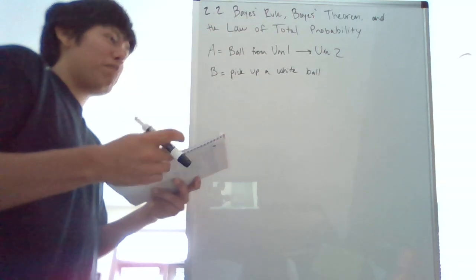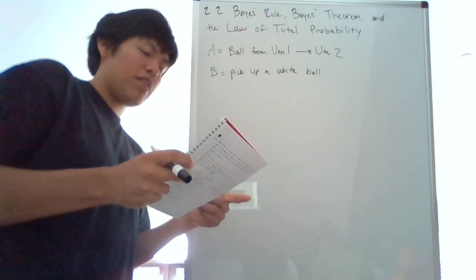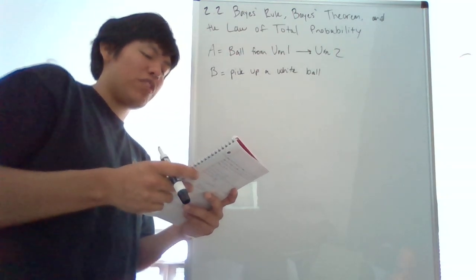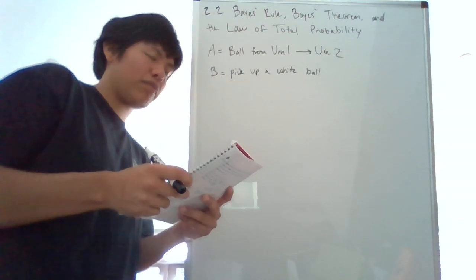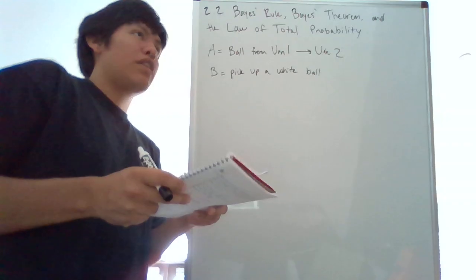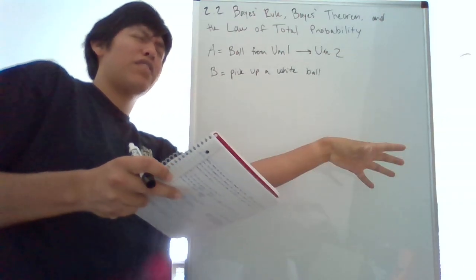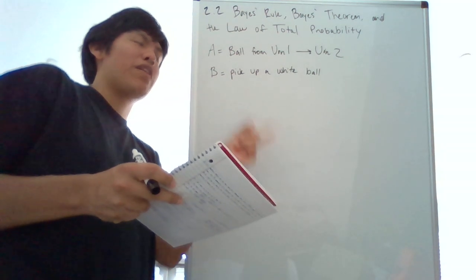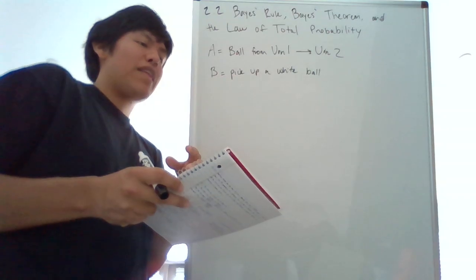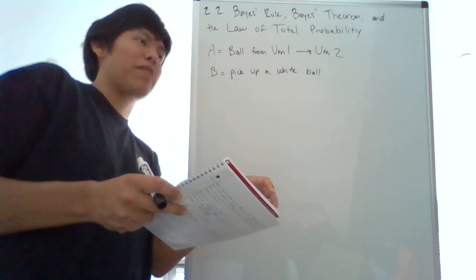So in this case, the probability of A is the unconditional probability that the ball we chose from urn 1 is white. So basically, if I close my eyes and choose a ball from urn 1 to move, that ball is either going to be white or black. And because there are 2 white and 2 black balls, there's a 50-50 chance of getting either a white or a black ball.